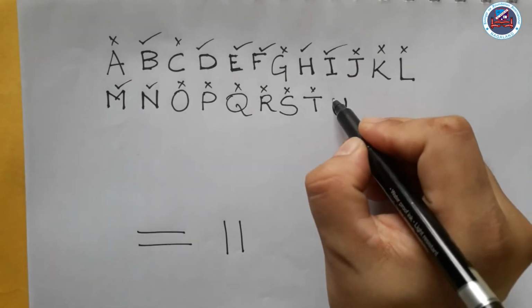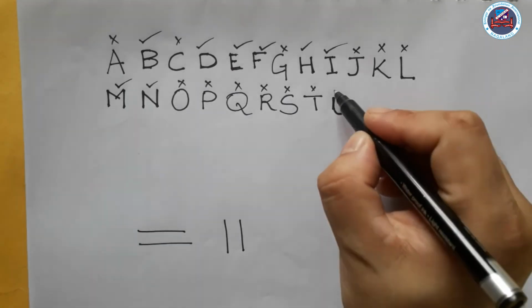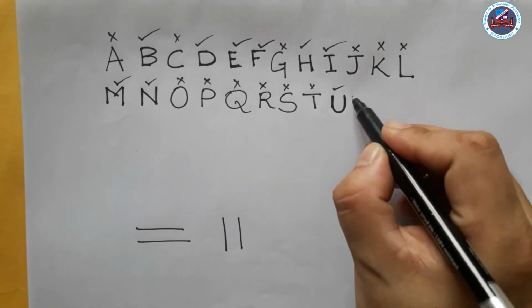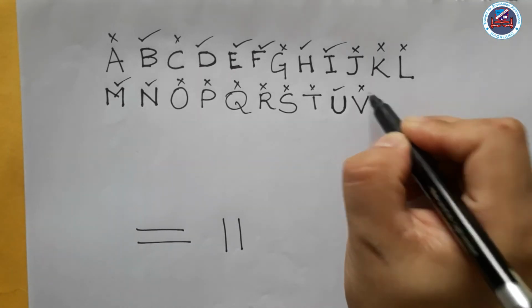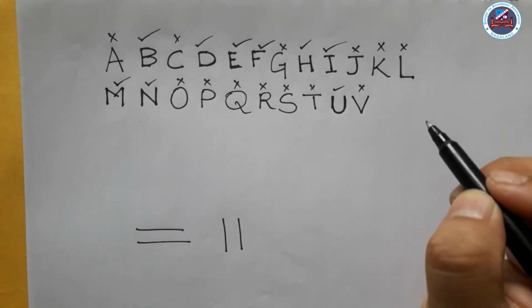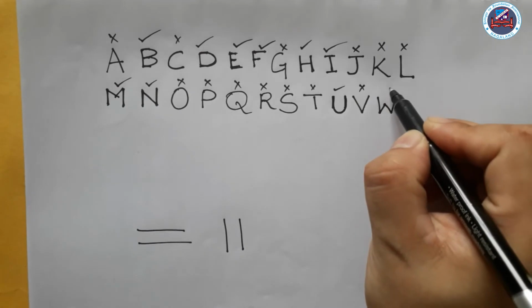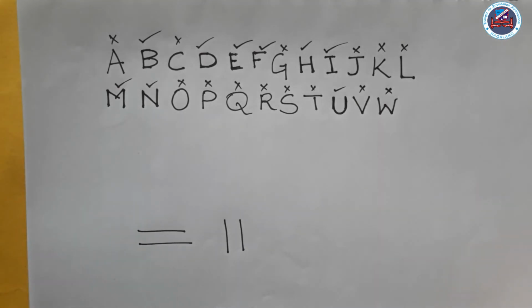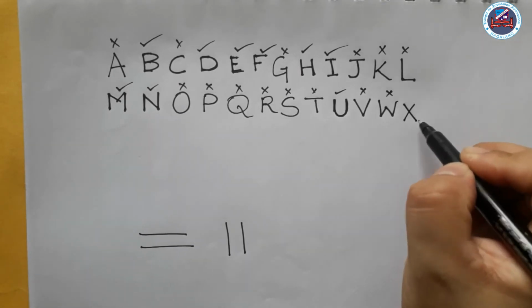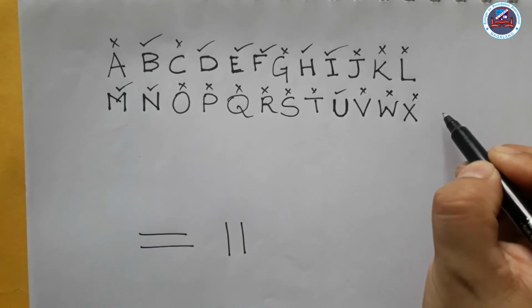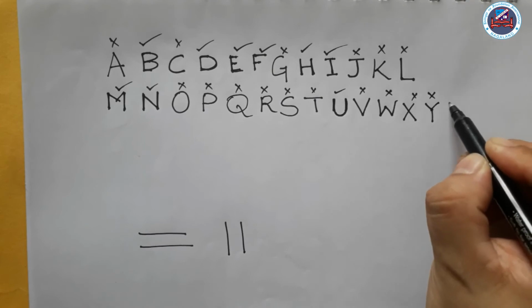U, okay, we can say that this line and this line are parallel lines. Okay, what about V? It is not a parallel line. W, again, it does not have a parallel line. But again, like I said, it depends on how you are writing the alphabet. X, no. Y, no.